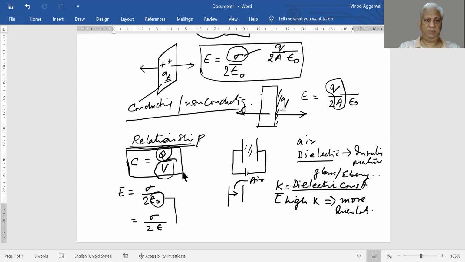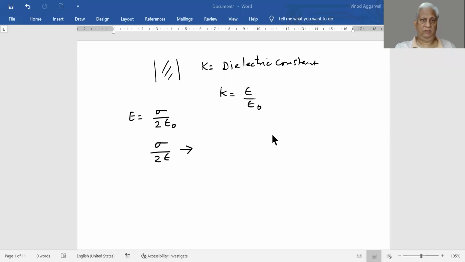The relationship between epsilon and epsilon naught is K equal to epsilon by epsilon naught. So if we still want to represent the electric field in terms of epsilon naught, then this will be sigma over 2 K epsilon naught.